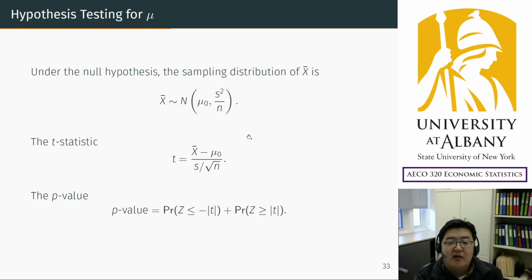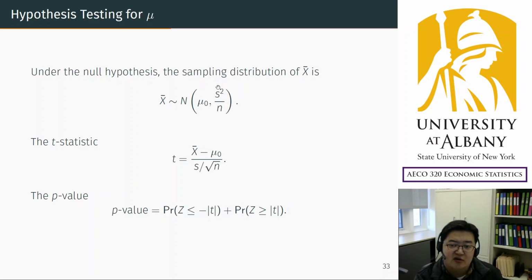Then remember, under the null hypothesis, if the null hypothesis was true, we know that the sampling distribution of the sample average is approximately normal with mean from the null hypothesis and the variance from the data.